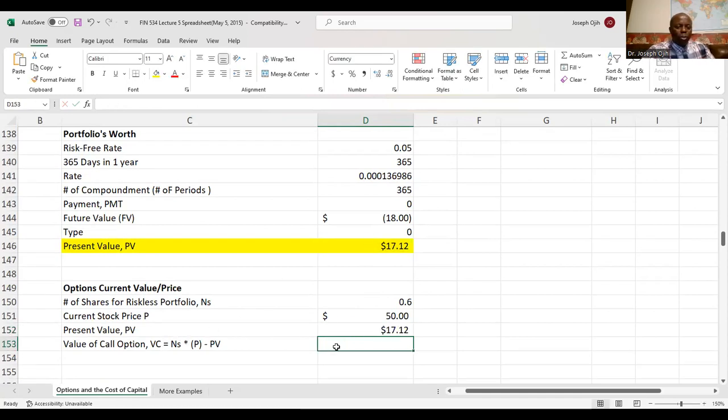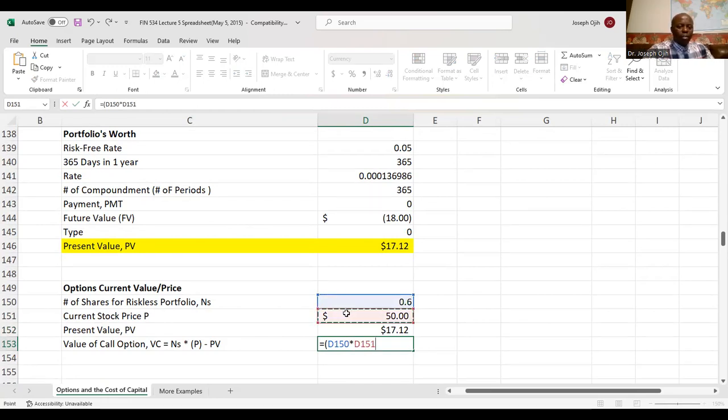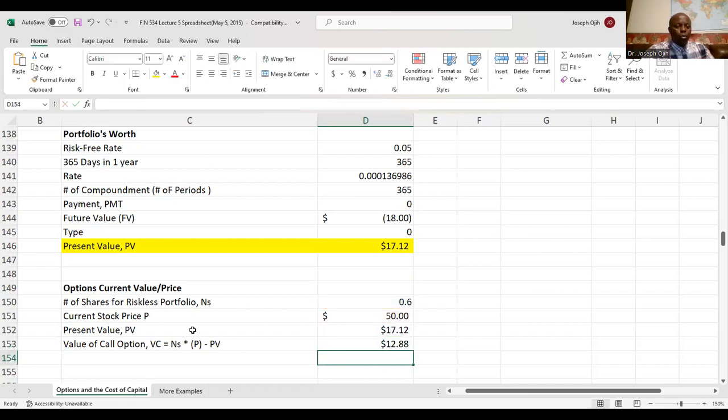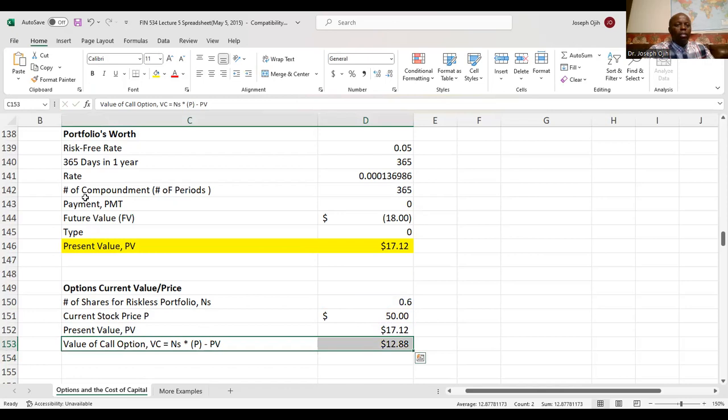So the value of the call option equals NS times the current stock price, minus the present value. It is worth $12.88. You can see right here, $12.88.